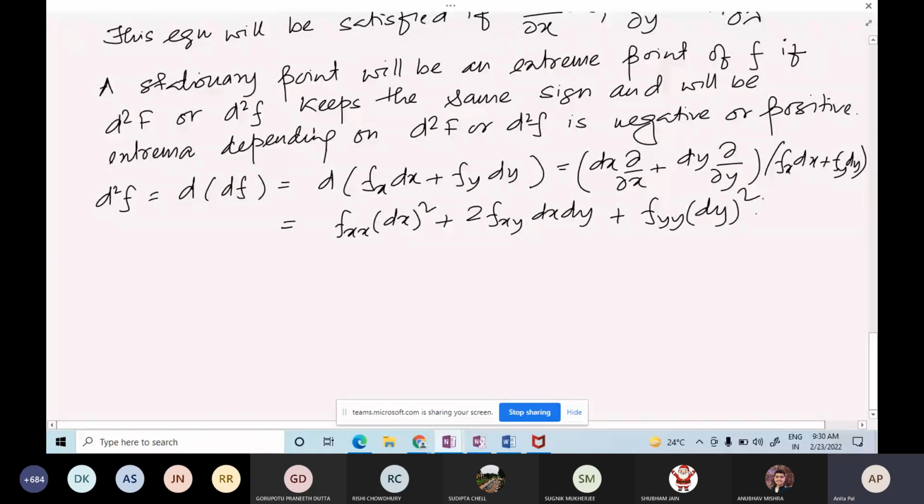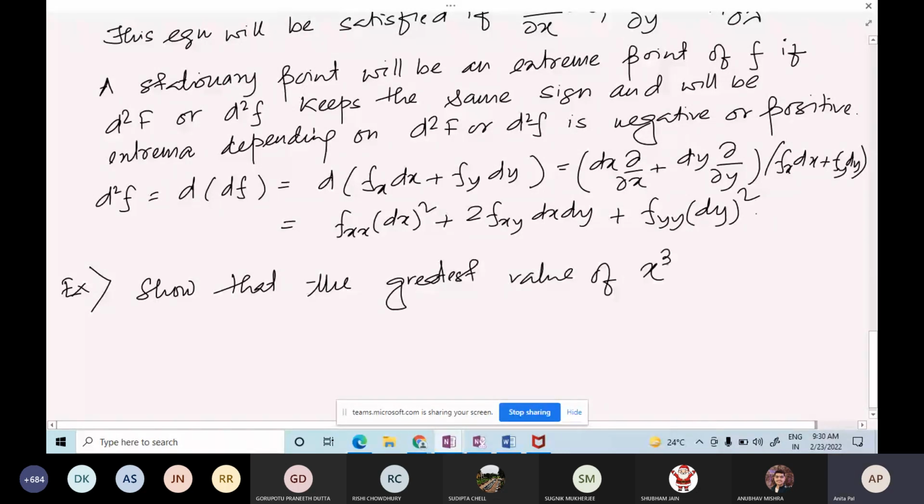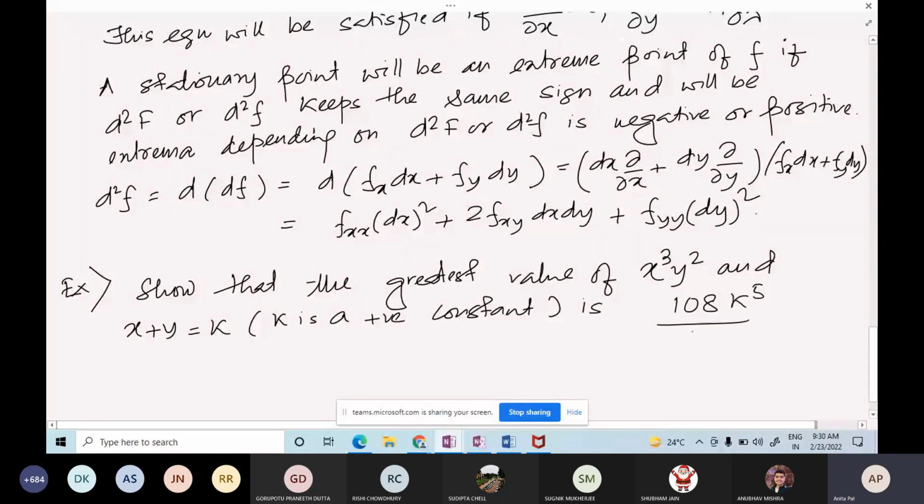Now let us take one example. The question is, show that the greatest value of x cube y square, where x plus y equals k, and k is a positive constant, is 108 k to the power 5 by 3125.